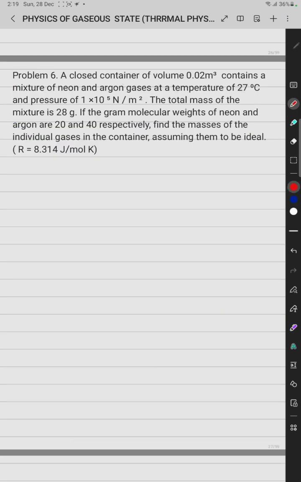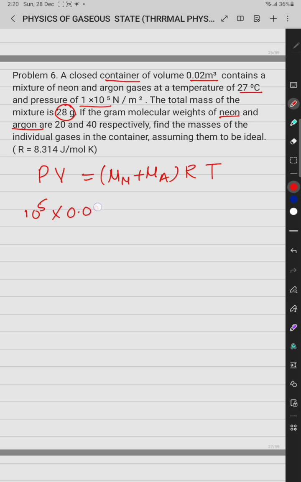Problem: a closed container whose volume is given, temperature is given, pressure is given, and it contains two gases, neon and argon, and the total mass is also given, that is 28. So according to the ideal gas equation, pressure into volume is equal to total number of moles into R into T: number of moles of neon plus number of moles of argon. Pressure is 10 raised to power 5 and volume is 0.02, and that is equal to the number of moles of neon and argon.